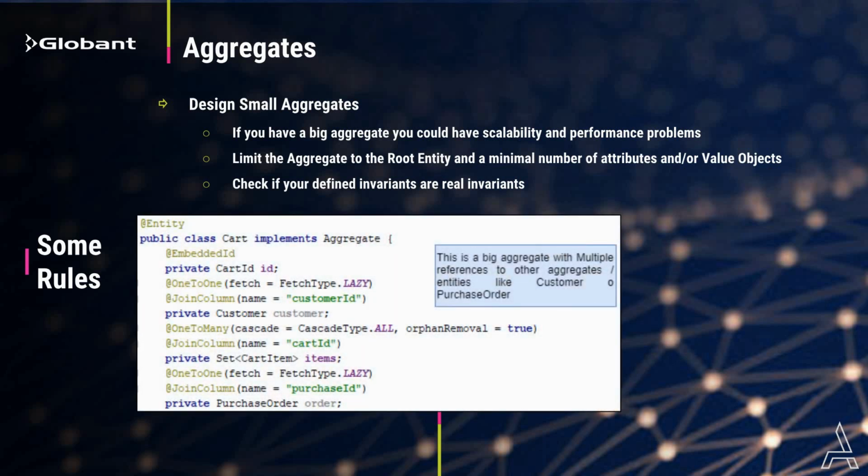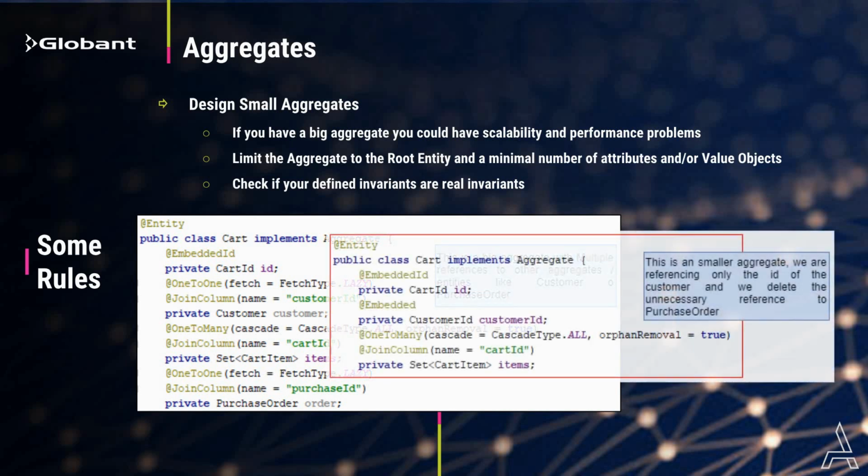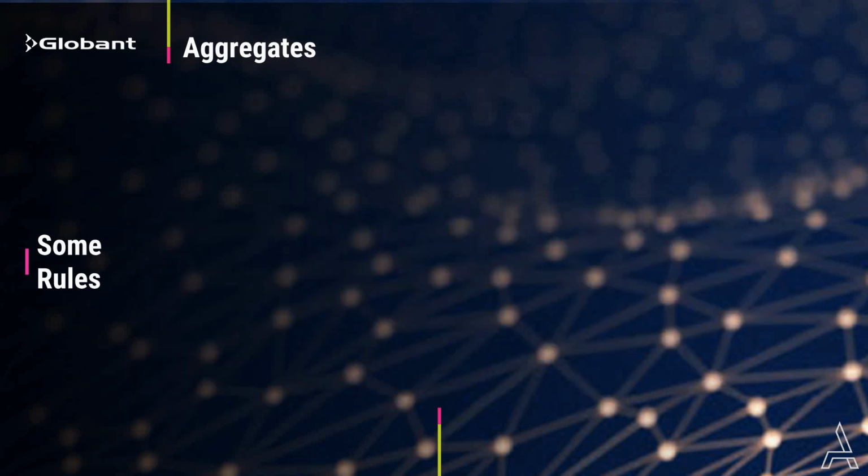Here we have a big aggregate with multiple references to other aggregates or entities, like customer or purchase order. And here we have a smaller aggregate. We are referencing only the ID of the customer instead of the entire entity, and we delete the unnecessary reference to the purchase order.